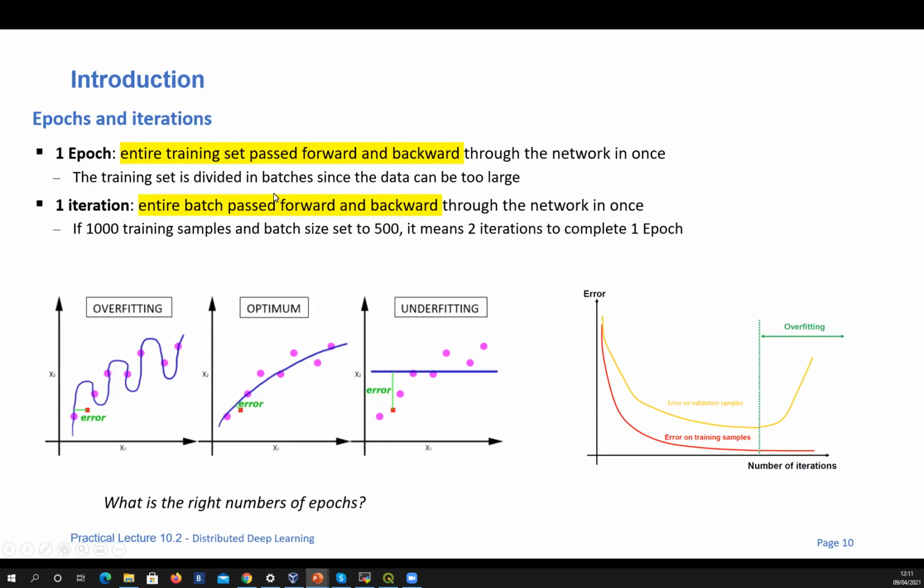Actually, you have to go through your data set not just one time. The number of iterations that covers all the samples in your data is usually not enough. So you will have to do this multiple times, and every time you go through your data set once, it is called an epoch. So I will use this term epoch, I think, a lot in the next slides.